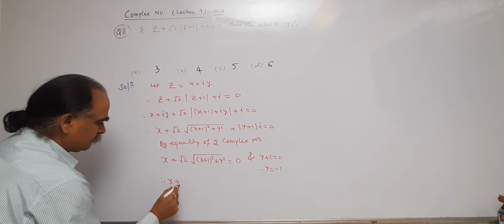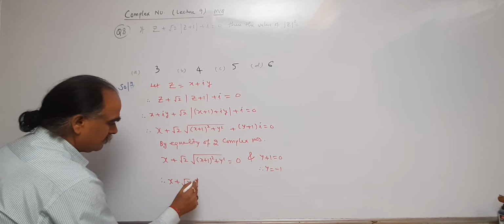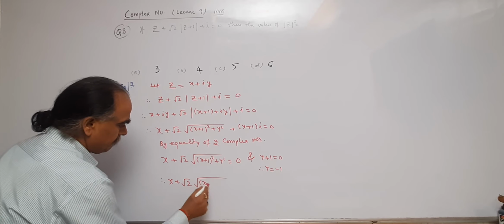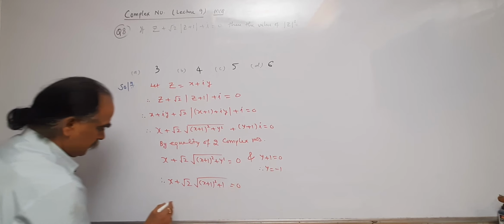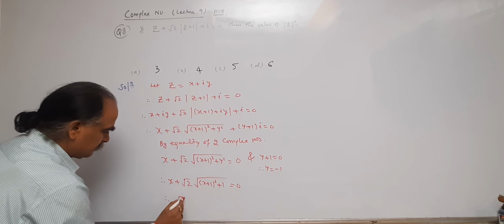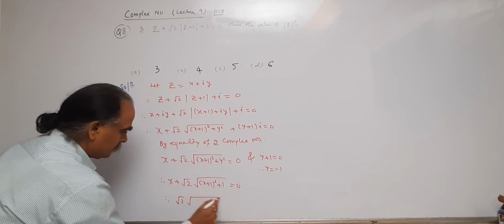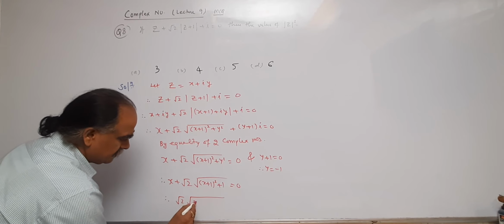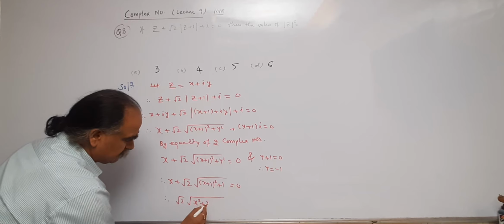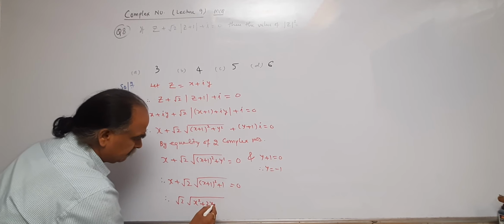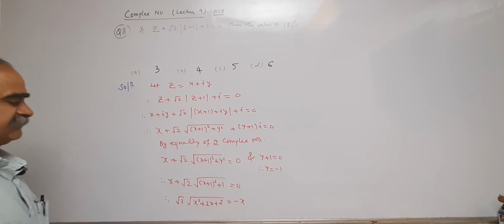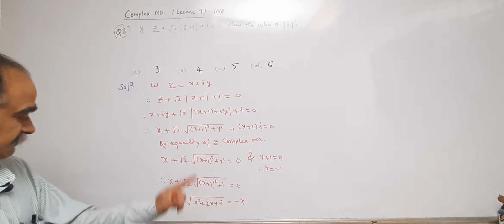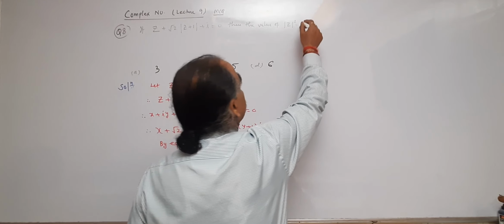So x plus root 2 into root of (x square plus 2x plus 1 plus 1) is 0, therefore root 2 into root of (x square plus 2x plus 2) equals minus x. Squaring both sides.